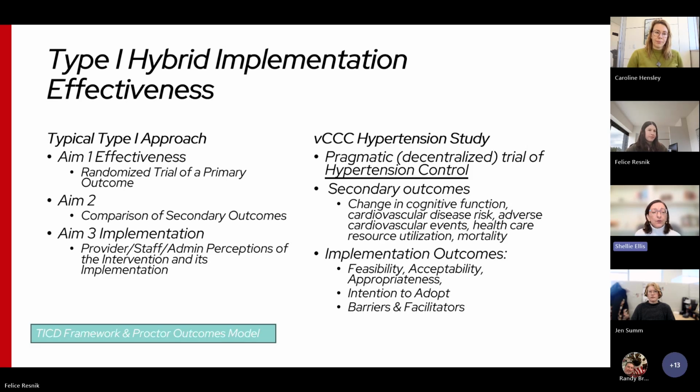Throughout, the qualitative and implementation outcomes were guided by the Tailored Implementation for Chronic Diseases framework. And then we selected from the Proctor outcomes model the implementation outcomes that we were concerned about.